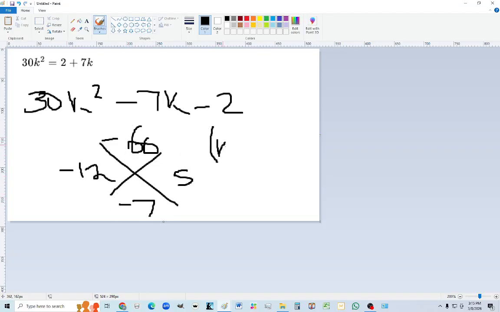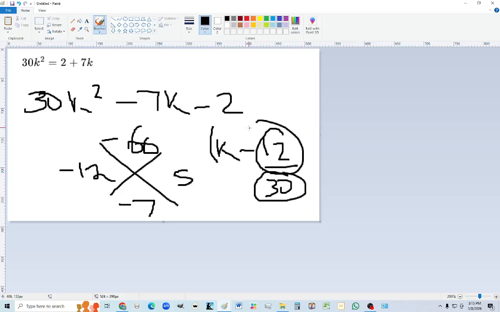So k minus 12. If I divide it by 30, they're both divisible by 3. This becomes 4 and this becomes 10. No, they're both divisible by 6. So this becomes 5k minus 2.